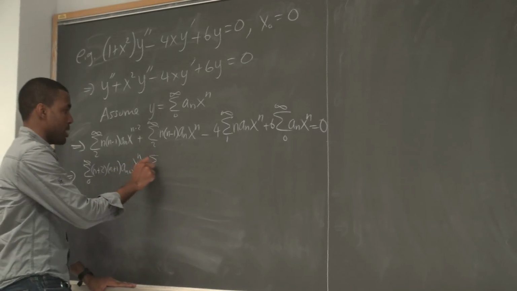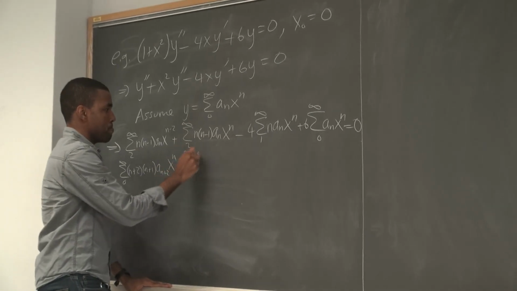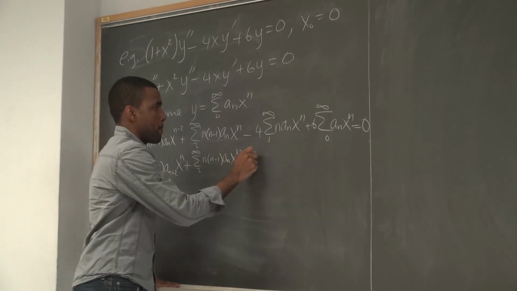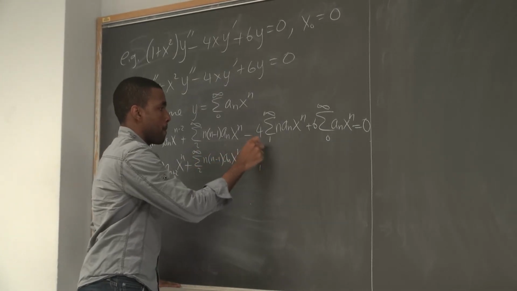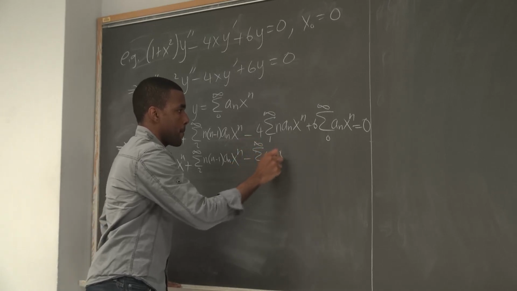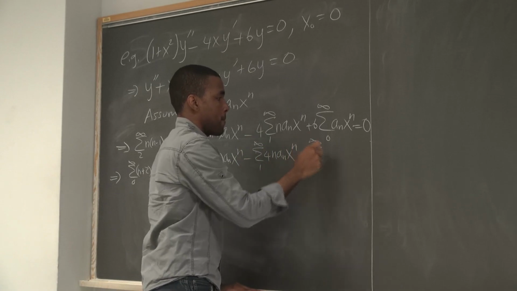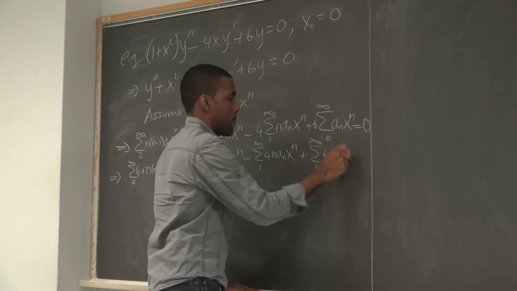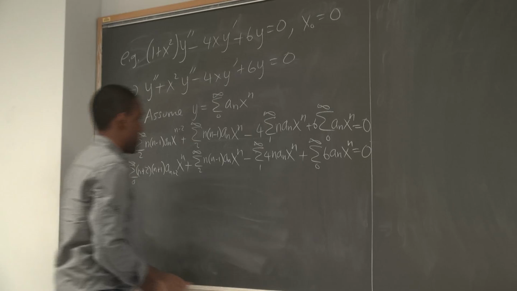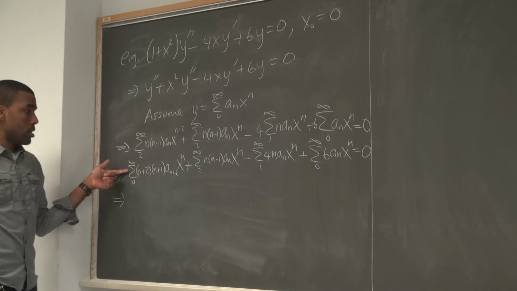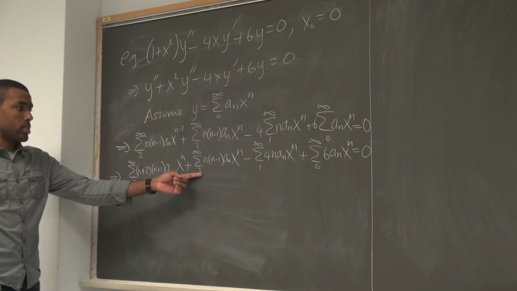We will not do too many things at once. So here I changed all the powers to n. Next I'm going to want to make sure the indexes are the same.